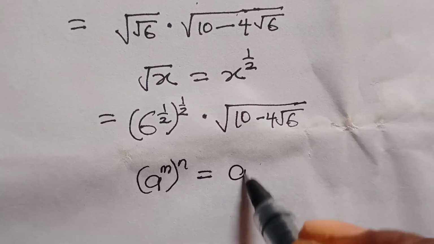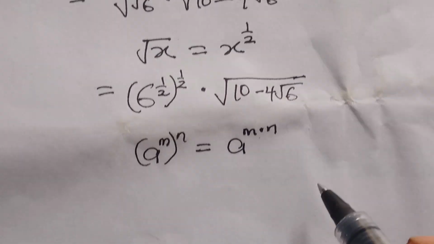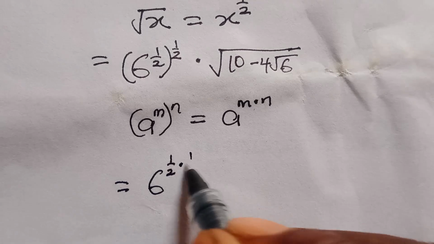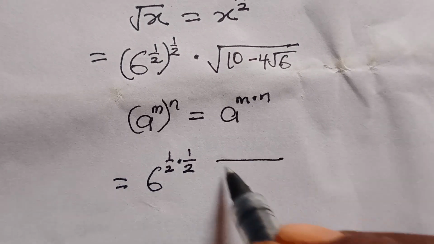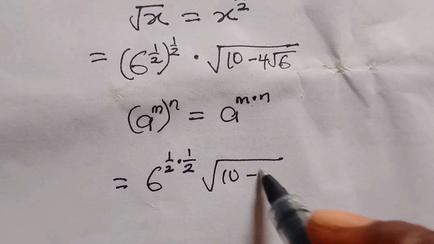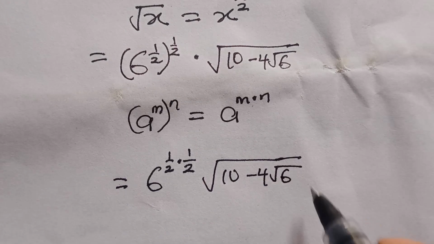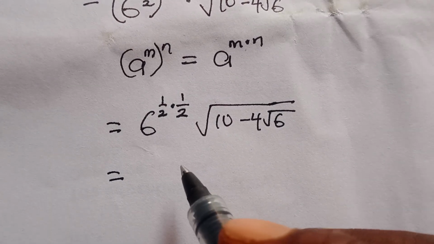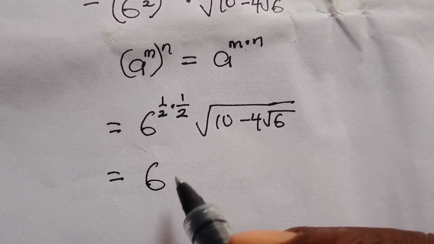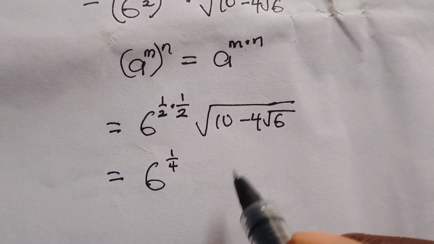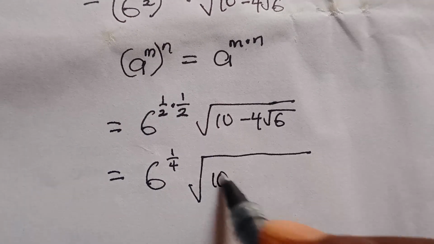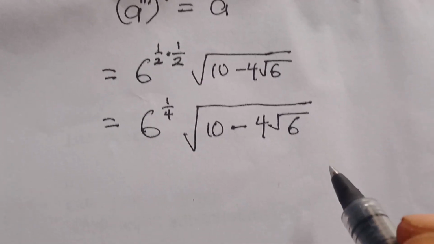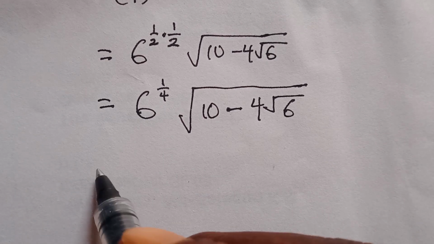According to the rule of indices, if you have a raised to power m, everything raised to power n, it can simply be written as a raised to power m multiplied by n. Therefore, we remove the bracket from 6, and I have 6 raised to power 1 over 2 times 1 over 2, everything multiplied by square root of 10 minus 4 square root of 6. This will simply give me 6 raised to 1 over 4, everything multiplied by 10 minus 4 square root of 6. Once you understand it up to this stage, it's easy and straightforward.